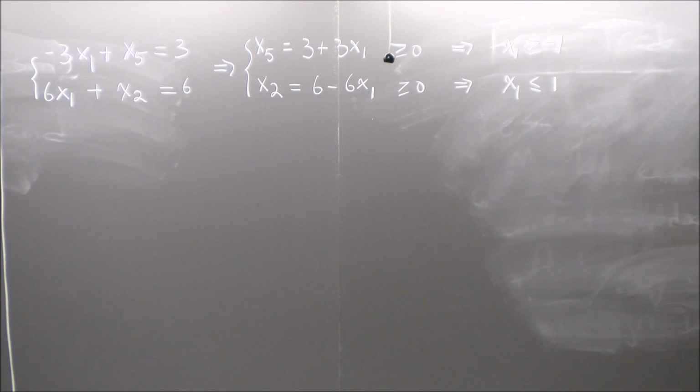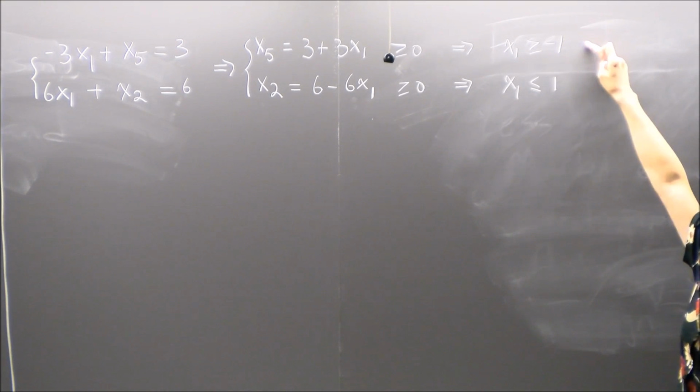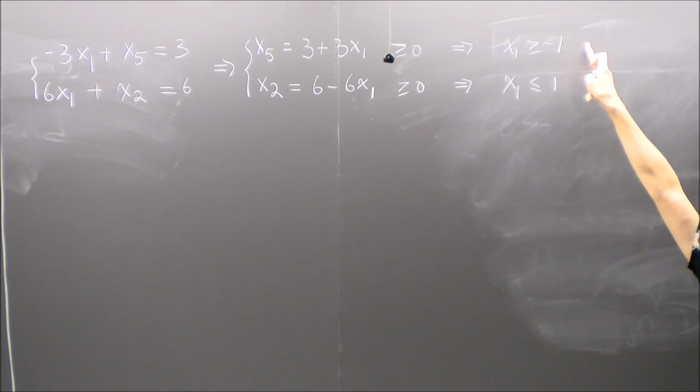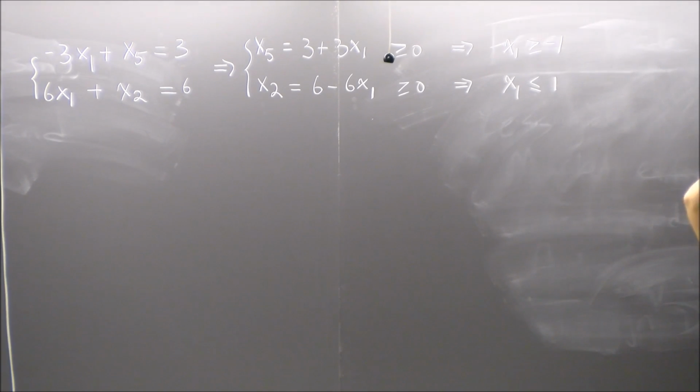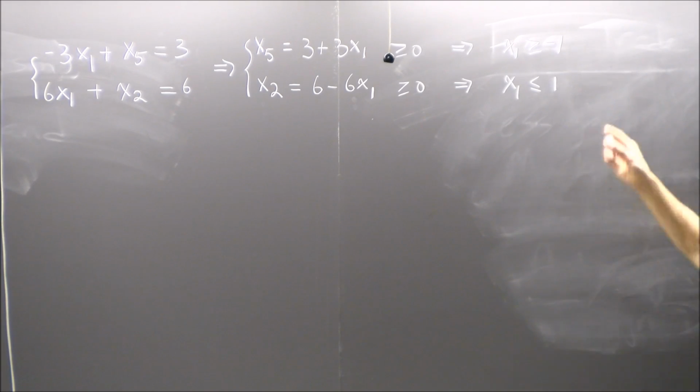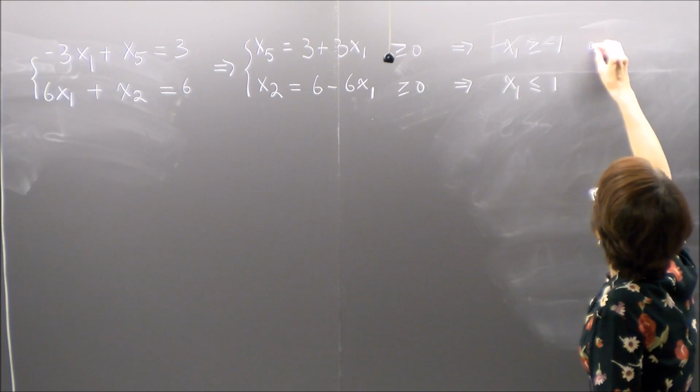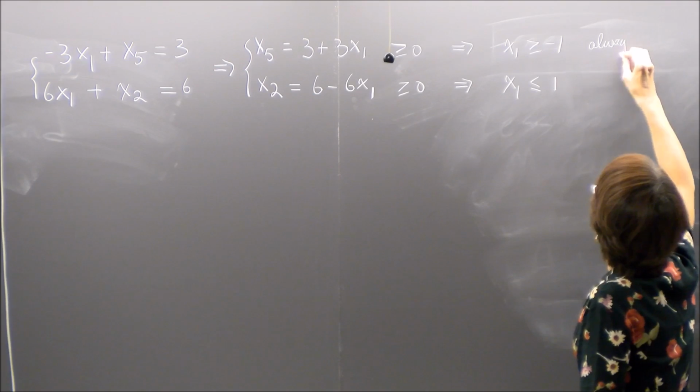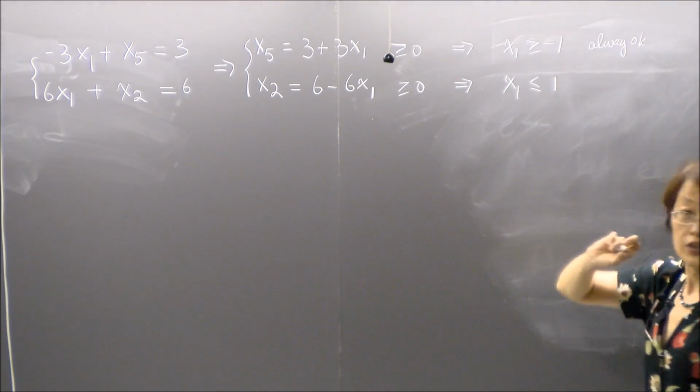Okay, which one is stricter? Will this ever need to be reinforced? x1 is a non-negative variable. Is that right? It's bigger than 0, so it's of course bigger than negative 1. So this one is always okay. Actually, it does not impose any further constraint.